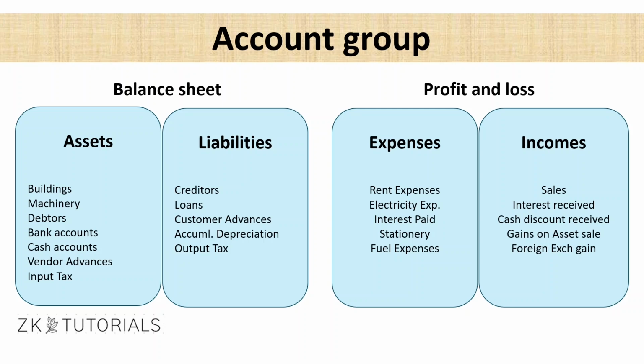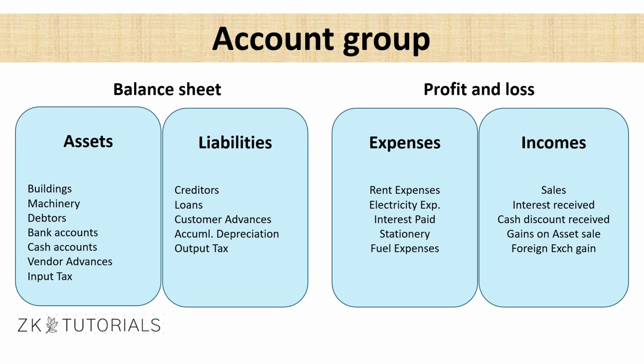Any type of transaction which is related to income, we need to create a separate GL account for that type of transactions. So all the transactions related to that nature will get stored in that GL account only. We need to select the GL account when we post the transaction.